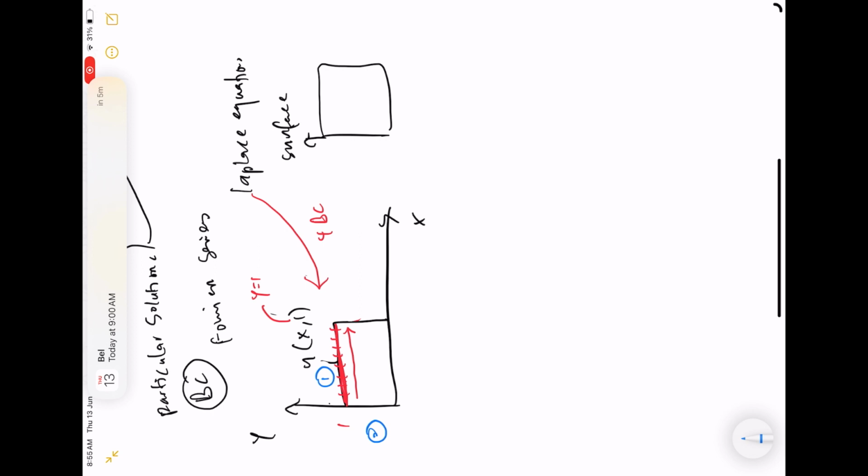So when you see this boundary condition, we need to have u(x,y), right? You see that here the boundary condition is along the y-axis. When it is along the y-axis or x-axis, you just put the variable there.